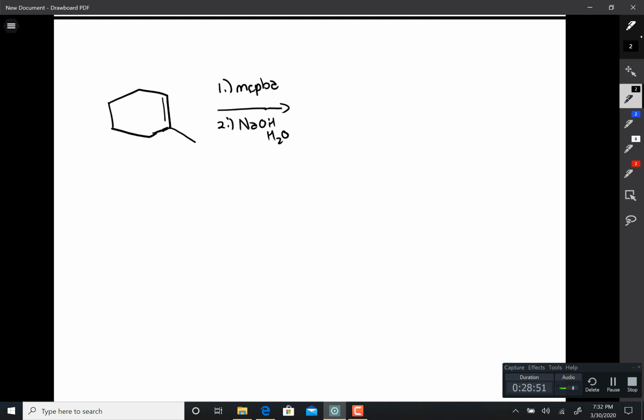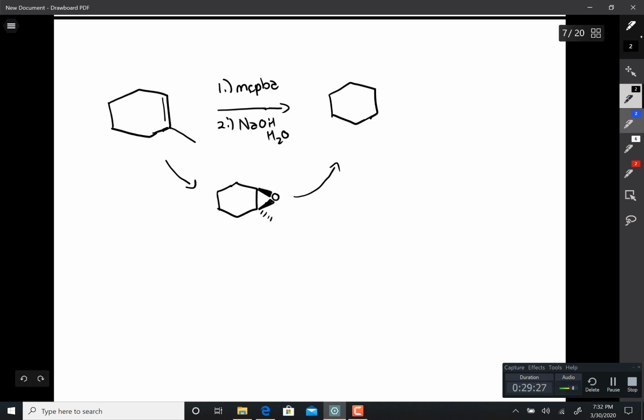This combination here of mCPBA followed by sodium hydroxide and water. Now let's draw the products out. After the first step, you get the epoxide. And then at the second step, you have hydroxide add.